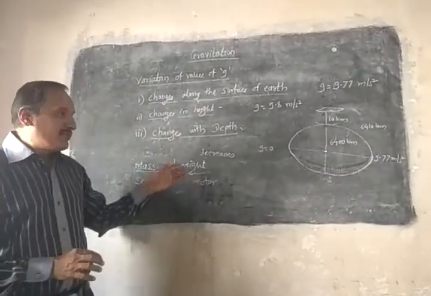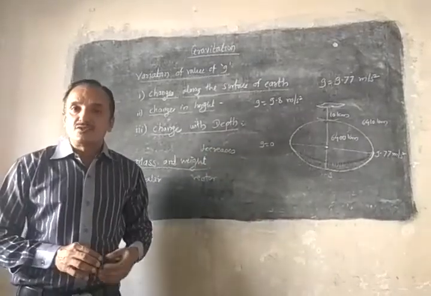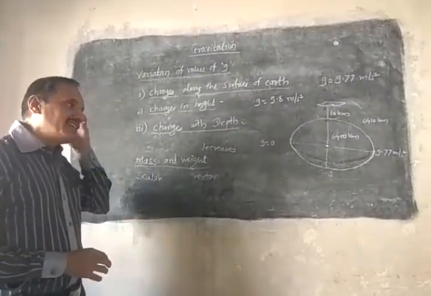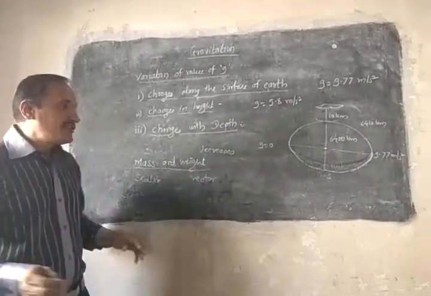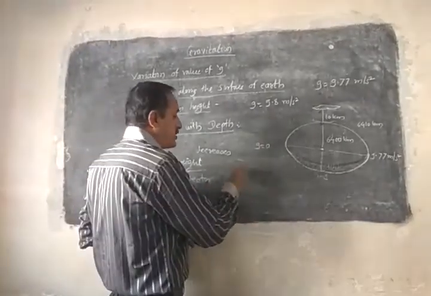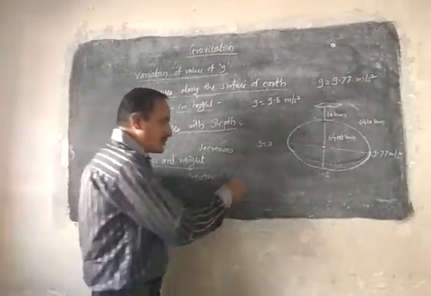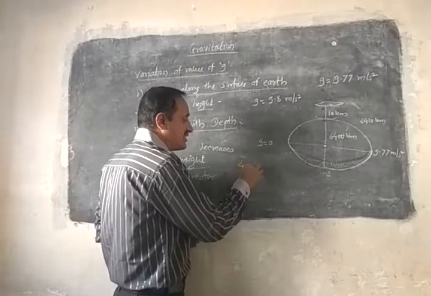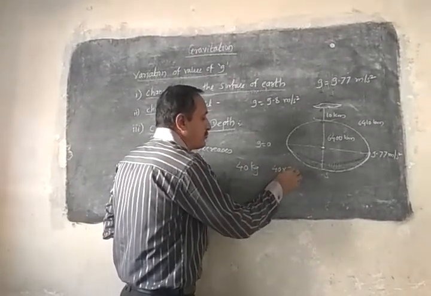So when we say somebody's weight is 40 kg, here the mass is 40 kg. If you want to find the weight of that person, suppose the mass is 40 kg, you have to multiply 40 by 9.8.